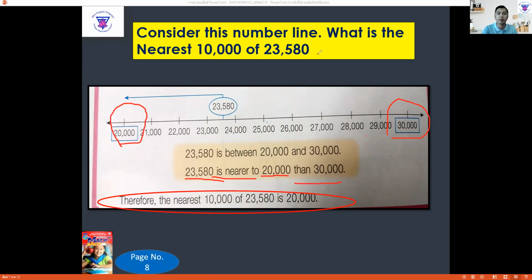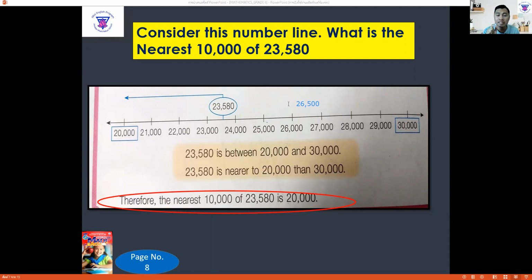Okay, so for example, the teacher will ask you, how about 26,500? Okay, so let's say 26,500. 26,500 is between 20,000 and 30,000. Okay, so we are going to find the nearest 10,000 of that number.